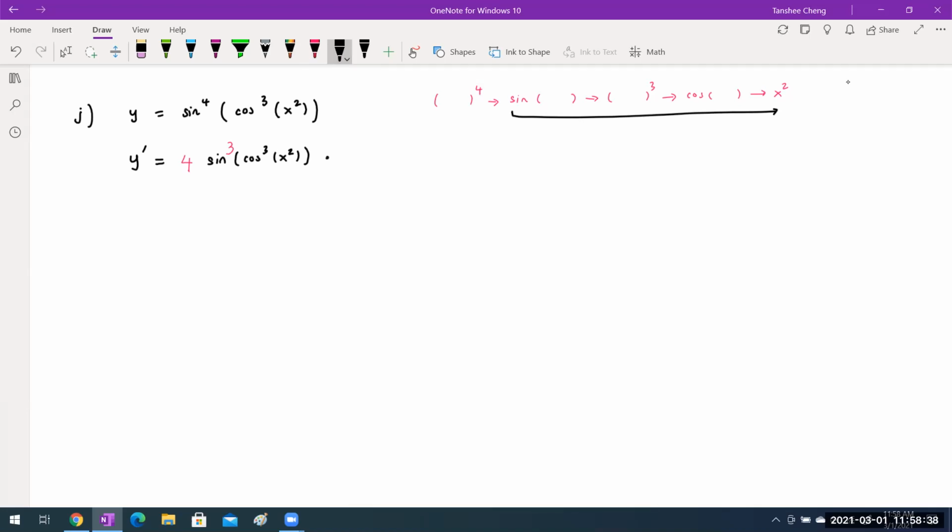Times the next derivative that we need to take, which is sine. So the derivative of sine is cosine. And inside of the cosine is everything the same, right? Everything below that will still be the same. So that's cosine to the third power of x squared.